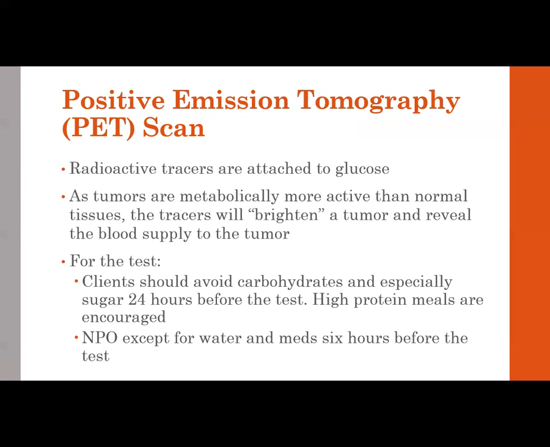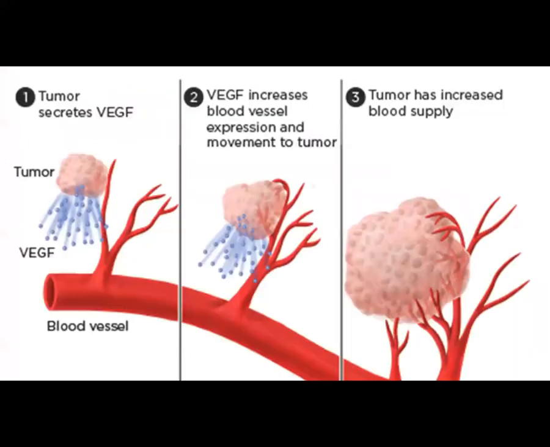For the test, client or patient should avoid carbohydrates, especially sugar, 24 hours before the test. High protein meals are encouraged, and NPO except for water and meds 6 hours before the test. And here we've got just kind of like a picture of what they're talking about, how that sugar goes in there.